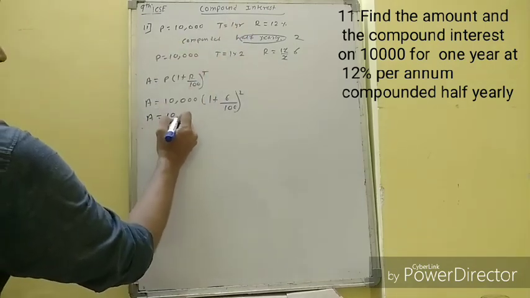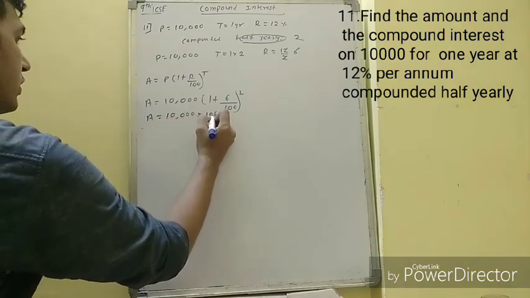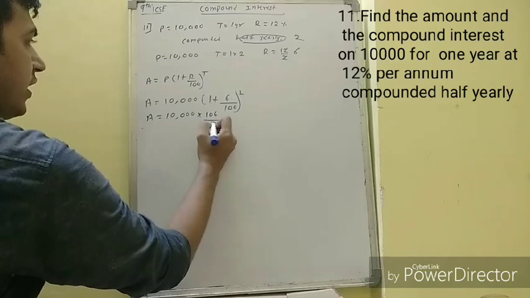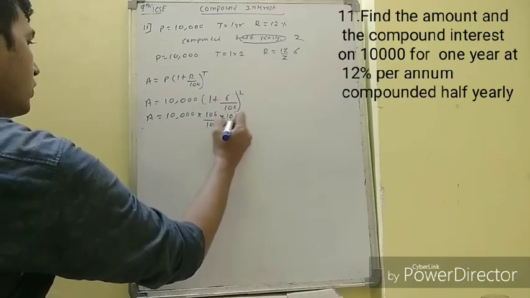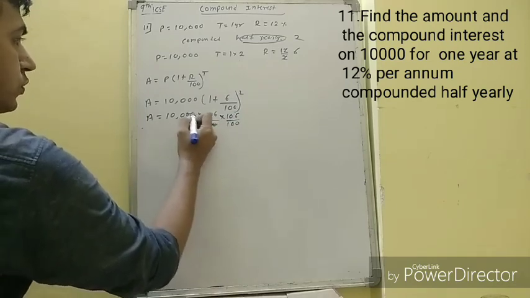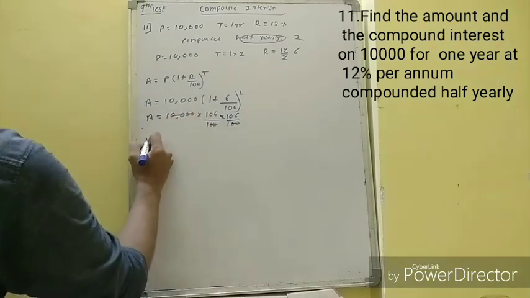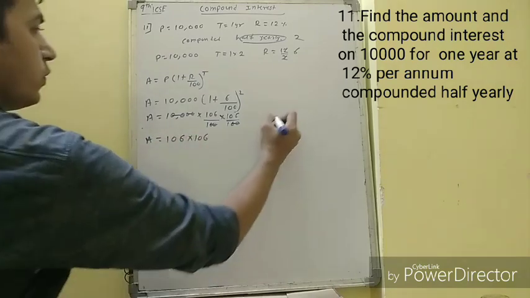So 10,000 multiplied by 106 upon 100, and as it is raised to 2, again I will write 106 upon 100. So we have 2 zeros, 2 zeros, 2 zeros, 2 zeros gets cancelled. Amount is equal to 106 into 106.